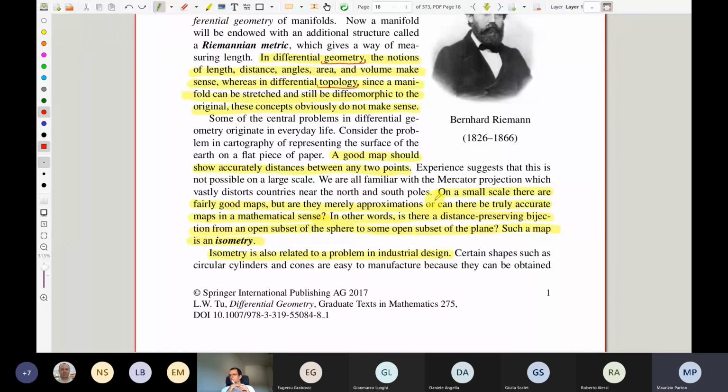Okay. Well, the question is, could it be possible to draw a map on a piece of paper that shows distances exactly in scale with the true distances? Well, it happens that it isn't. And the reason for this is the fact that the sphere is a curved space, and the sheet of paper is not a curved space.